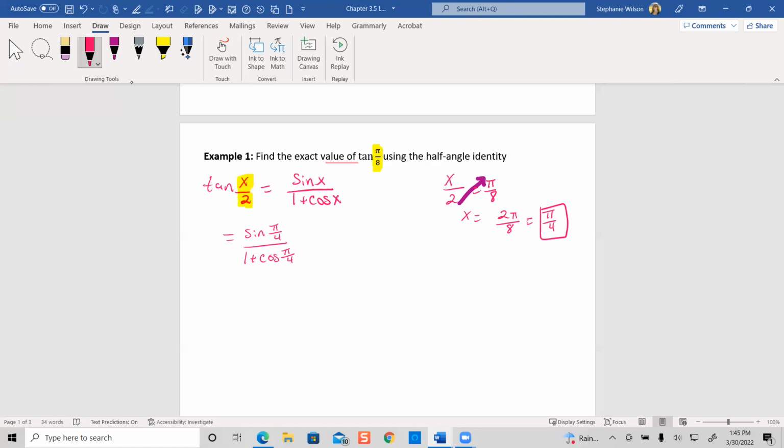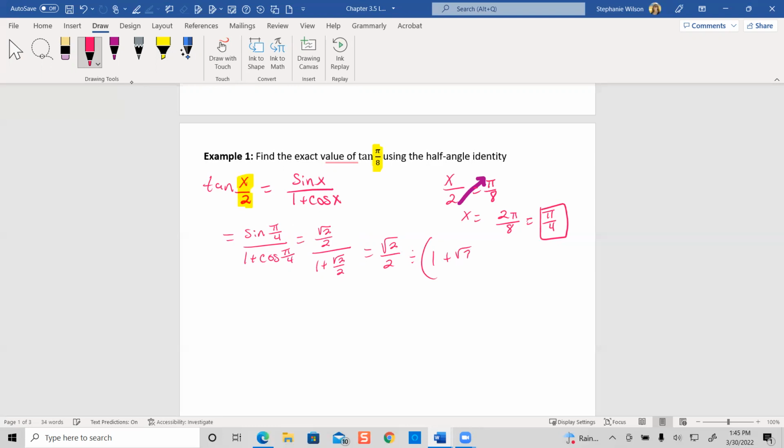When you go to the unit circle, we know that sine of pi fourths is square root of 2 over 2. I have 1 plus the cosine of pi fourths, which is square root of 2 over 2. I'm just going to rewrite this so it's a little neater and easier to read.